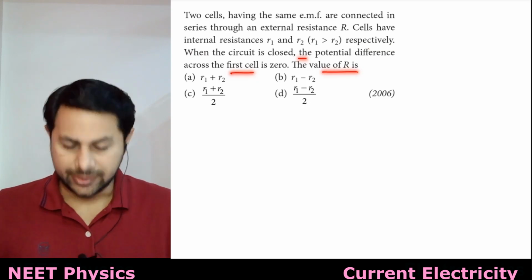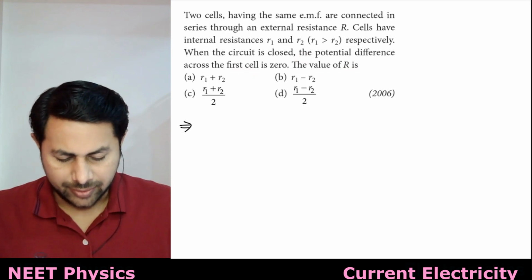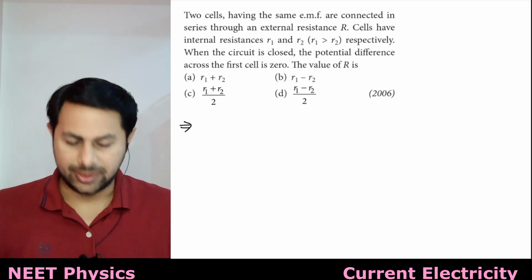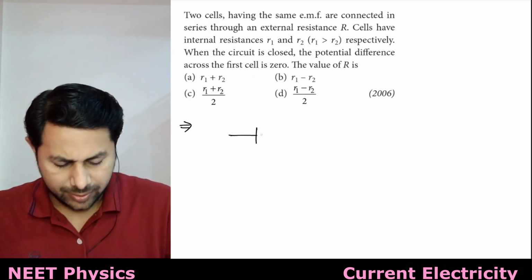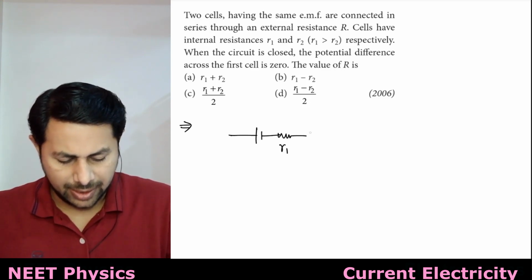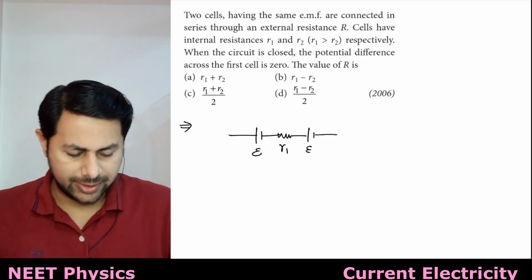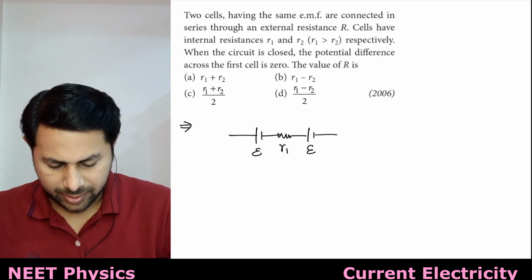Okay, so you have two cells and they have the same EMF. They are connected in series, and their internal resistance is R1 and R2. So this is given. EMF of two cells is same, right?